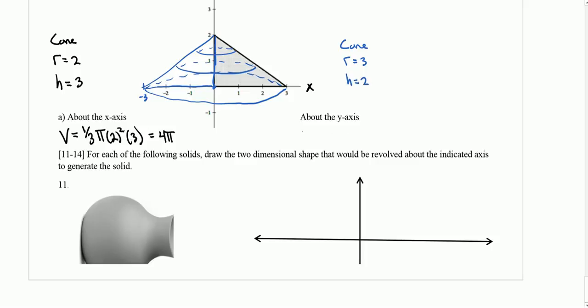And so the volume is going to be 1/3 area of the base, which is a circle, so pi r squared, so pi times 3 squared, times the height, which is 2. Sorry, I put 1/2, it should be 1/3. And so we multiply this out, we're going to get 6 times pi.